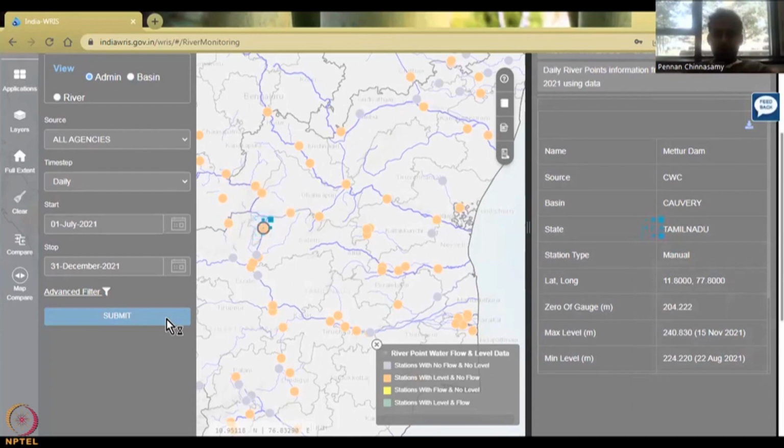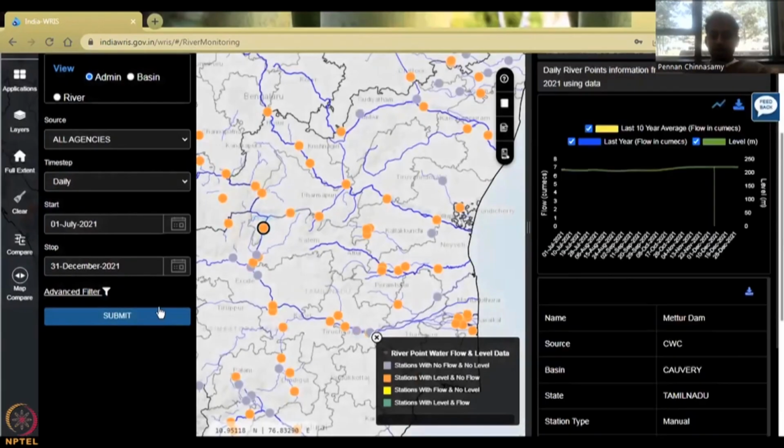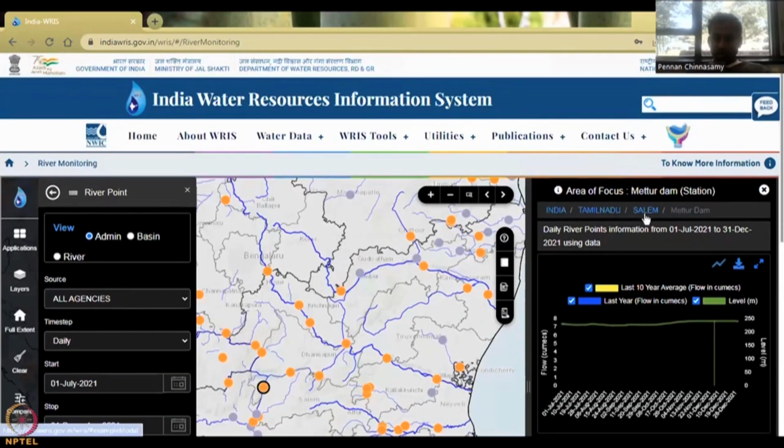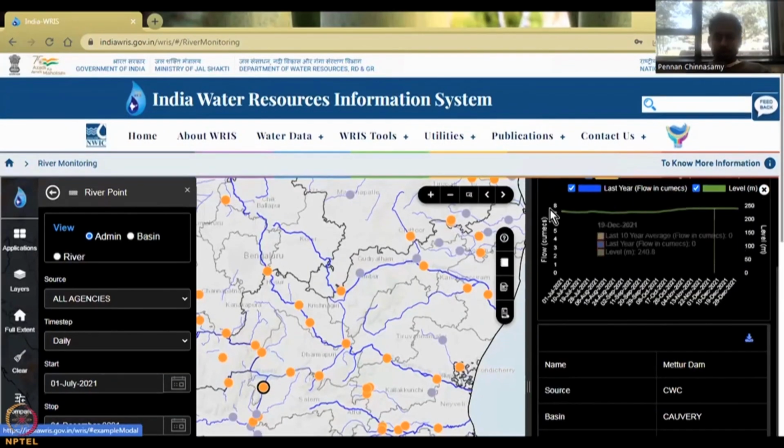So while it is populating, also I would like to tell that the level, okay, yeah, here it has populated, and you could see that the same station that we selected is still holding well. You can go up and double check. So it's India, Tamil Nadu, Salem, Mettur Dam, and the Mettur Dam's level is given for that particular period, and every day data is taken. So every single day there is data.